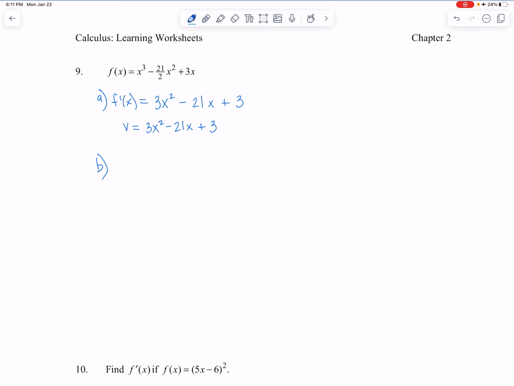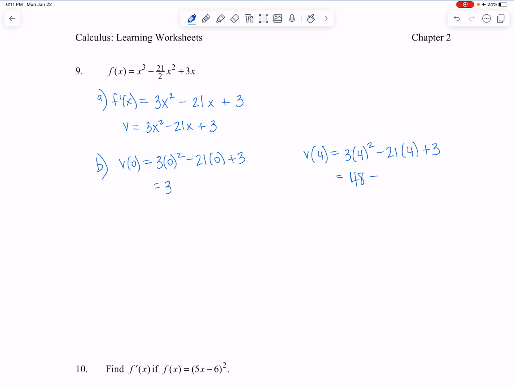Okay, now we want v of 0. 3 times 0 squared minus 21 times 0 plus 3. So this is going to leave 3. And then v of 4. 3 times 4 squared minus 21 times 4 plus 3. So we've got 4 times 4 is 16, and 16 times 3 is 48, 21 times 4 is negative 84, plus 3.